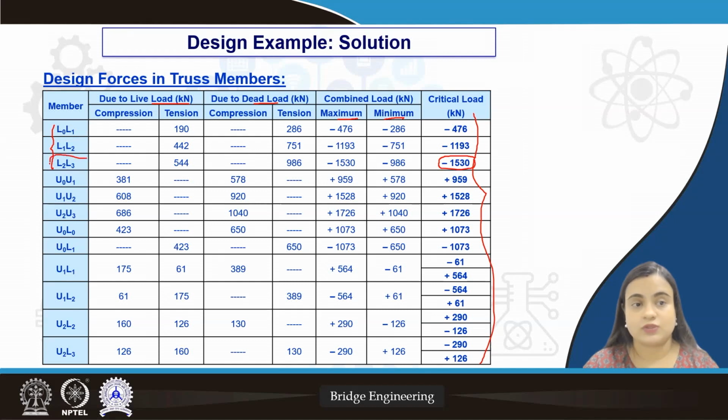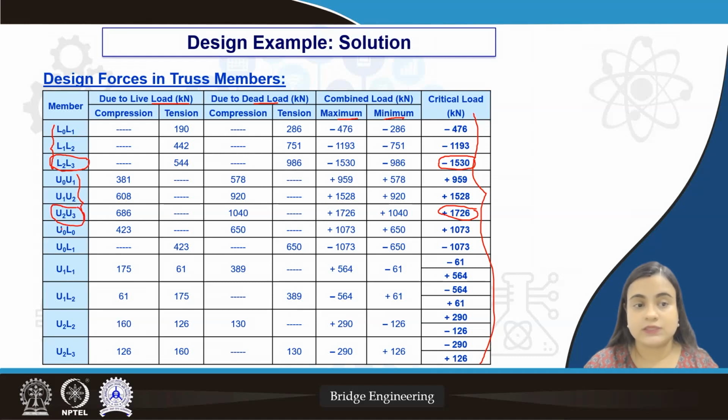So L2, L3 is the critical member which can be picked up for design. Now U0, U1, U1, U2, U2, U3 are the top chord members and the critical force here is 1726 kilonewton. That can be picked for the design of the top chord.